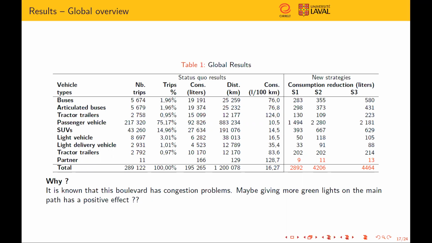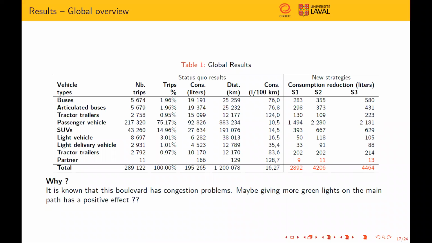So the next step is to understand why. And when talking with the people of the city, it is well known that the boulevard has very high congestion problems. And actually, we believe that by giving more green lights on the main path, we help to have better traffic.